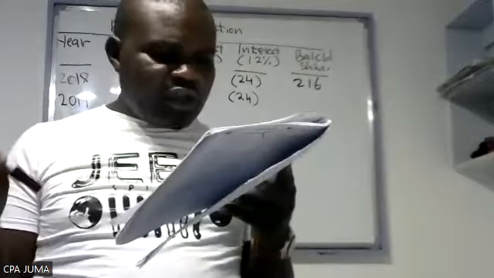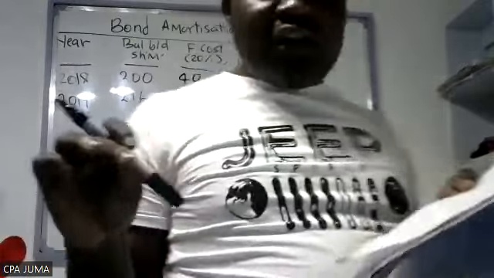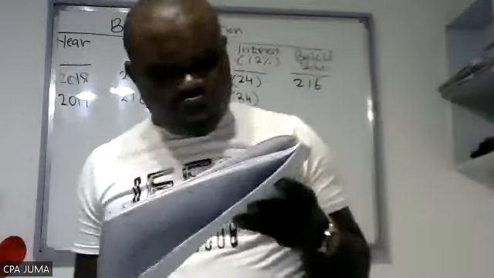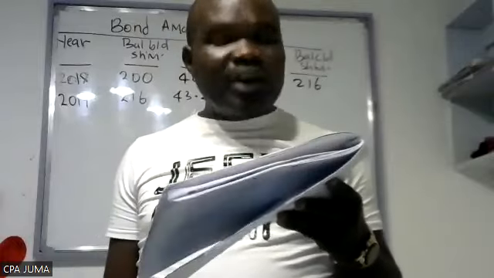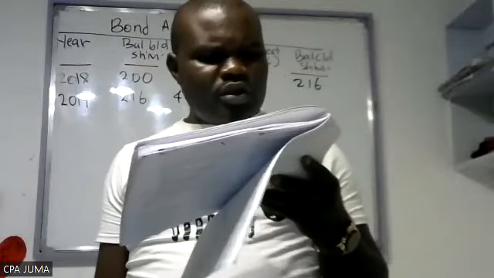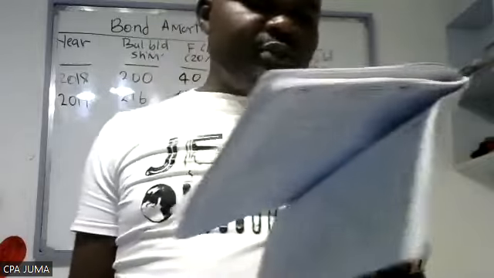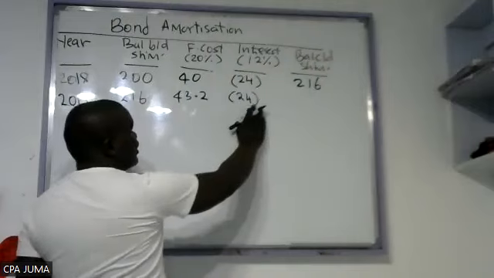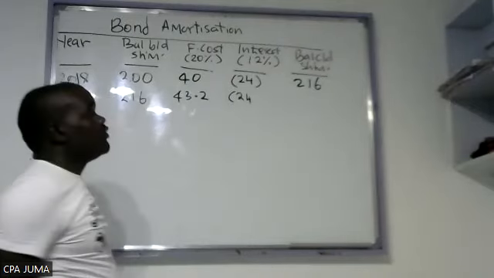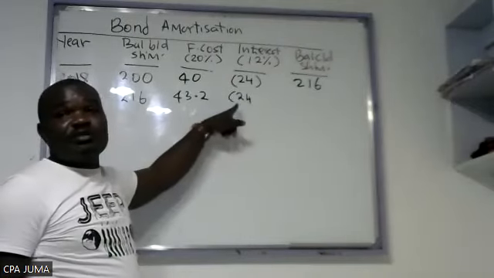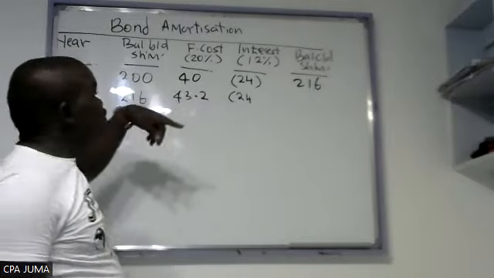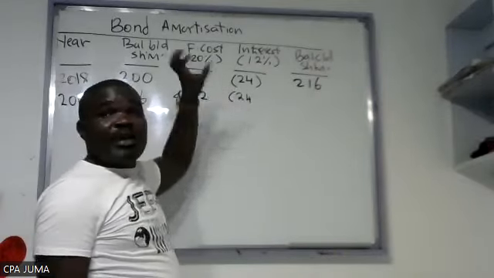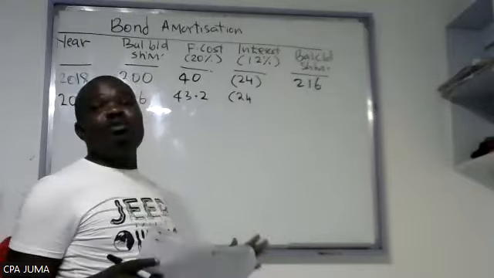There is a paragraph there where they are saying the bond will be held to maturity and redeemed on 31st December for 258.24. So check here, please. This is the year when it will be redeemed. So on the redemption, you will be paid your interest plus the redeemable amount.